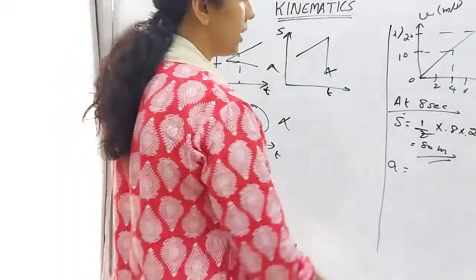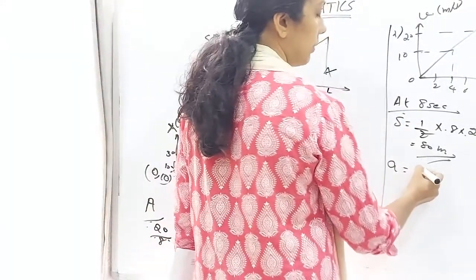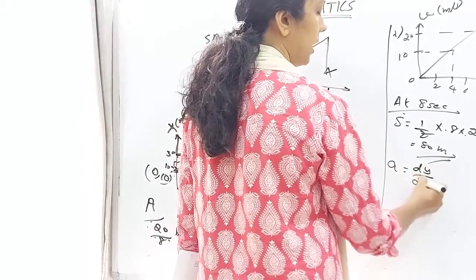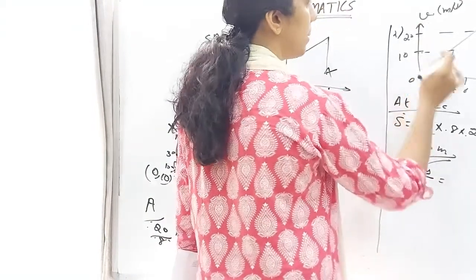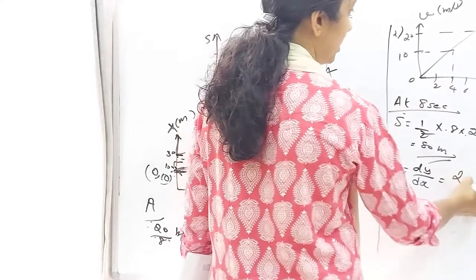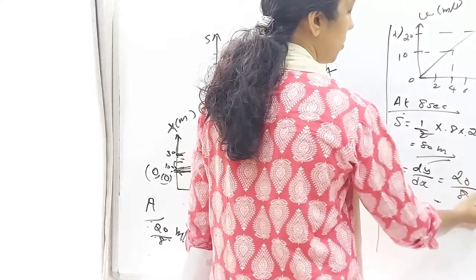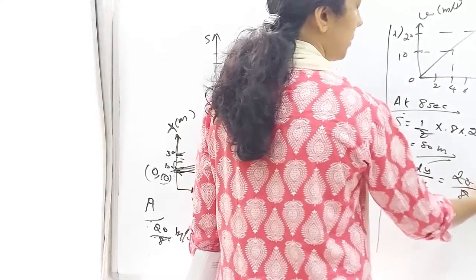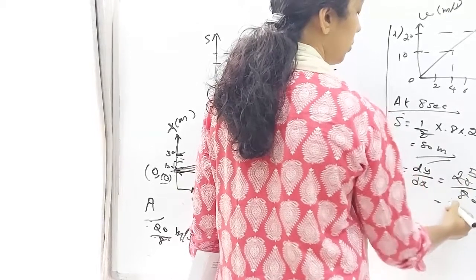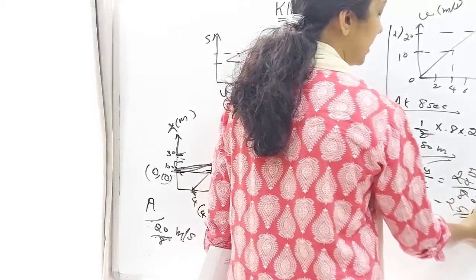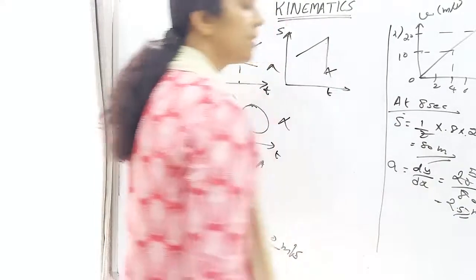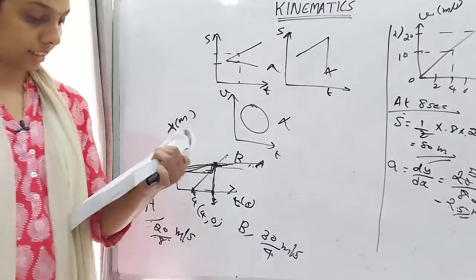Acceleration, how can we find it? On the y-axis, dy by dx or tan theta, anyone you can consider. dy by dx will be equal to 20 divided by 8, which is 2.5 meter per second square. This is how we find the acceleration.